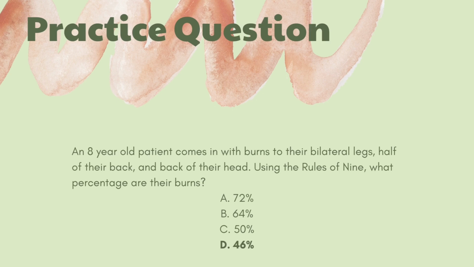Half of their back, so their whole back is 18, so we need to divide that in half. So that would be 28 plus 9. And then the back of their head. Infants' heads are 18%, so you would divide this again and get the number 9. So that 37 plus 9 equals 46.